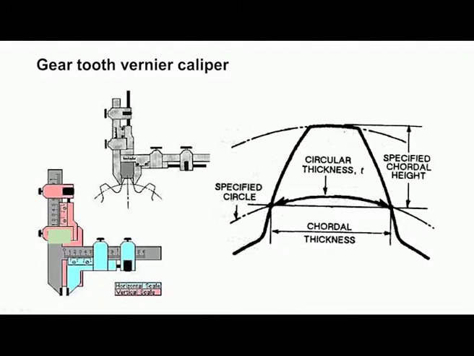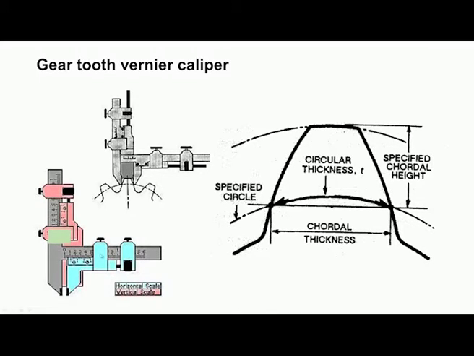Now, we will study the first method, that is measurement of tooth thickness by gear tooth vernier caliper. We have seen the conventional vernier caliper, wherein there is only one main scale and one vernier scale, whereas in the gear tooth vernier caliper, you can see here we have one horizontal scale and one vertical scale.